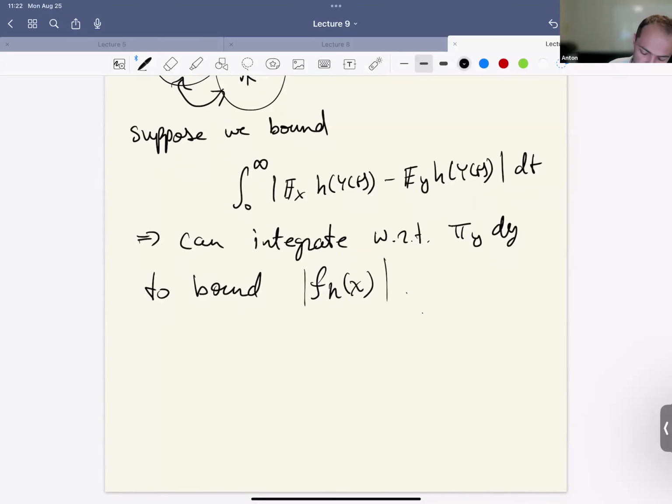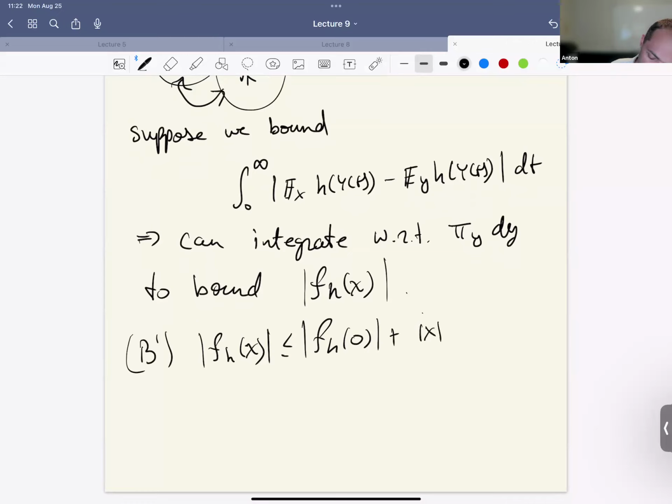Another similar way, maybe it's called approach B prime. If we take the Poisson equation solution and we say bound it at its value at 0 plus norm of x, say the sup of the derivative of the function at some z, where z is between 0 and x.